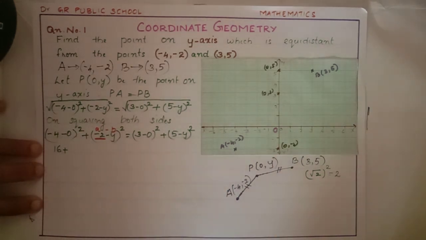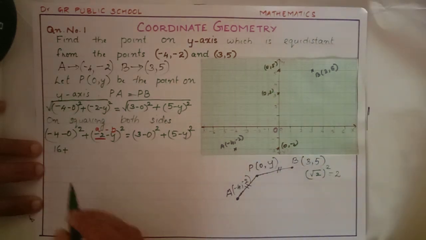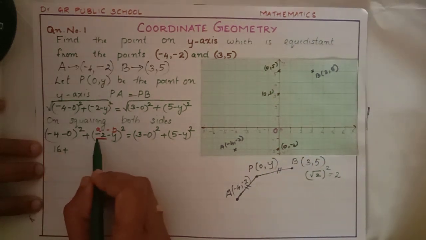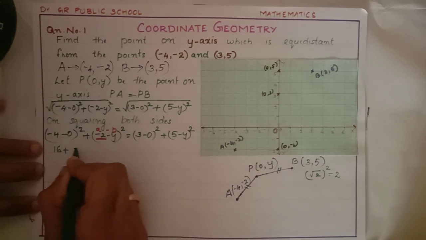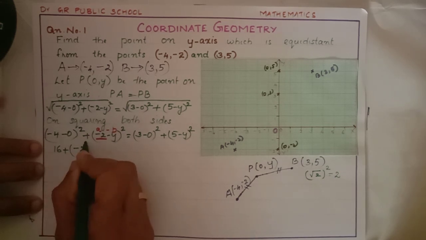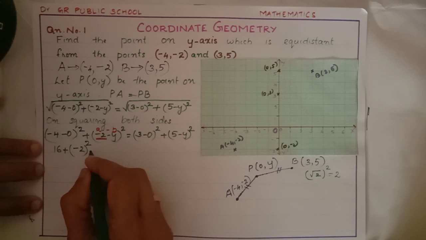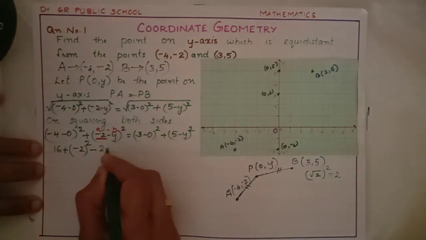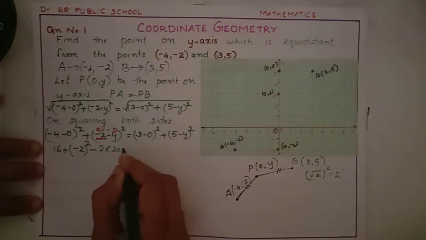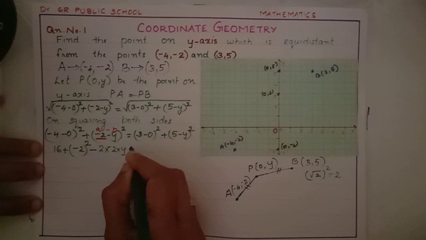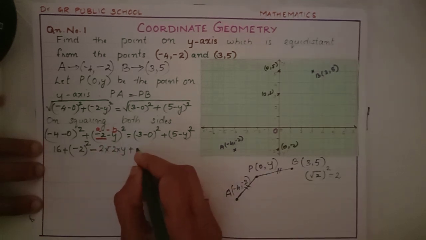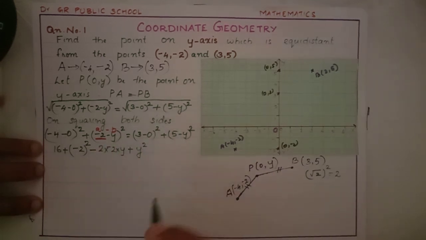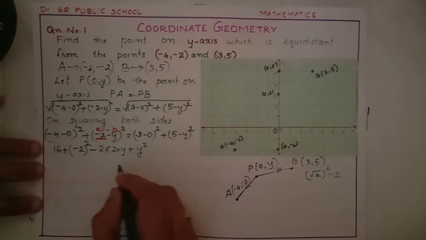So now apply (a minus b) the whole square, which is a square minus 2ab plus b square. So a square is (-2) squared, minus 2ab, that is 2 into -2 into y, plus b square, which here is y square. Okay.